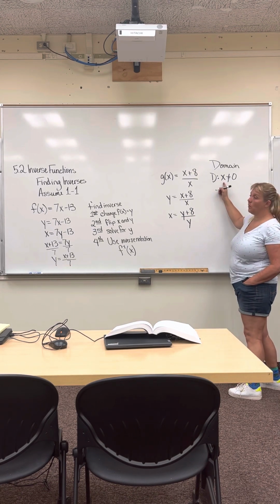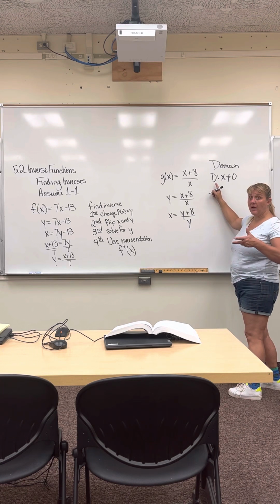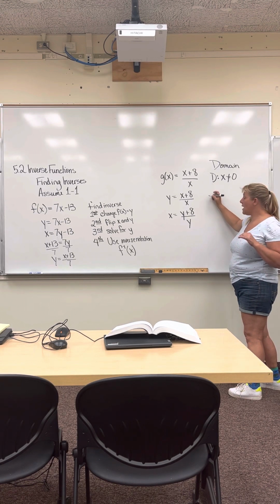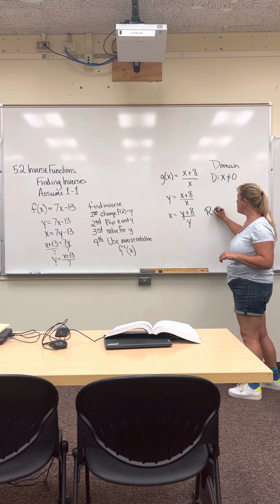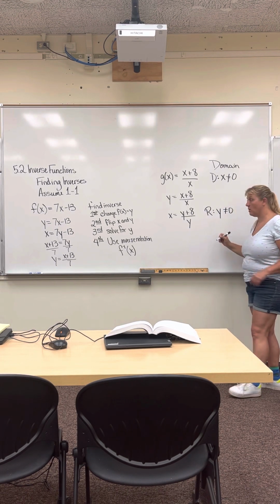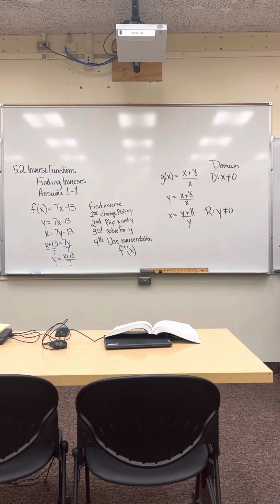And there's one more that we have to switch. Now, when we flip-flop things, the domain is now going to become the range, and the range is y cannot equal 0. So there is that issue with the domain, which then becomes the range. So that's part of the inverse, okay? It's most definitely part of the inverse.